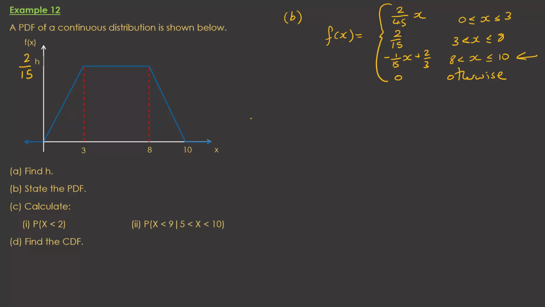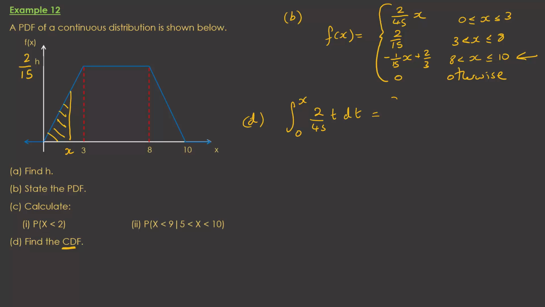So finally, we want to calculate the CDF. So in the first section, if we say that x is here, then we're talking about this area here. And of course, that would be the integral from 0 to x of 2 over 45t dt.